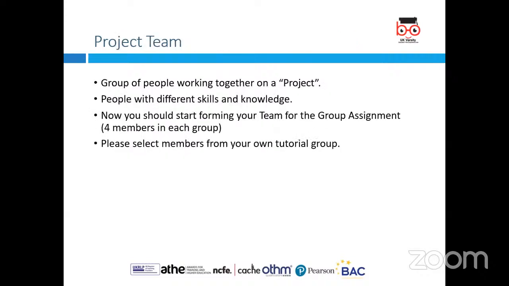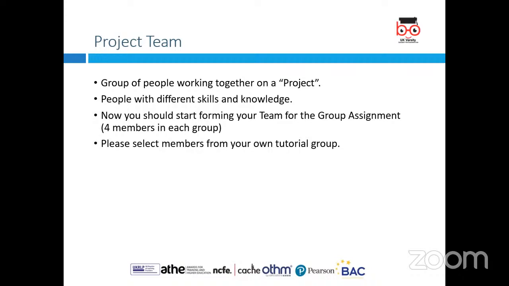So as you mentioned, the team has a key role when it comes to delivering a project. A team is a group of people who work together, and by putting the skill sets of these individuals together, we can work on the project.